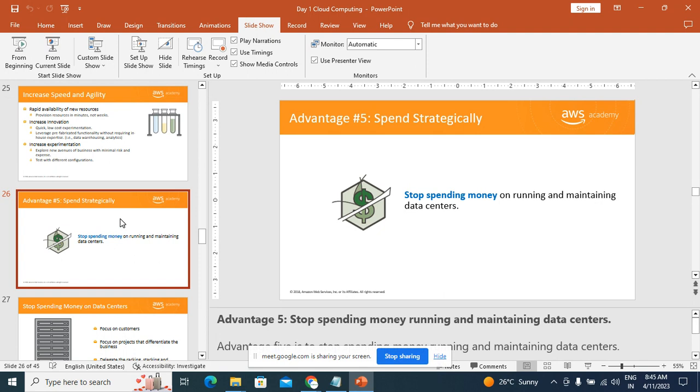For this, you might need some infrastructure, some space, some power, some experts, some human resources to look after these servers. So when you are using AWS services, you are not buying anything.